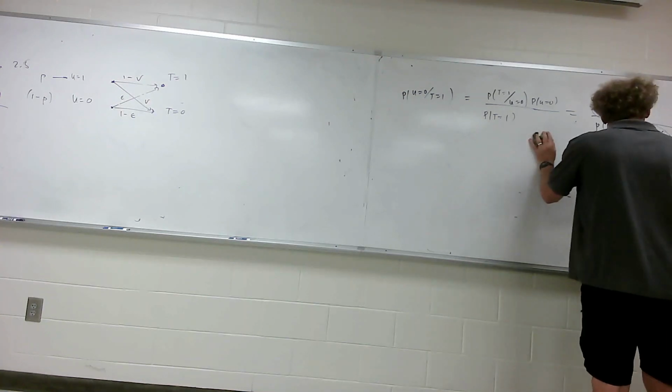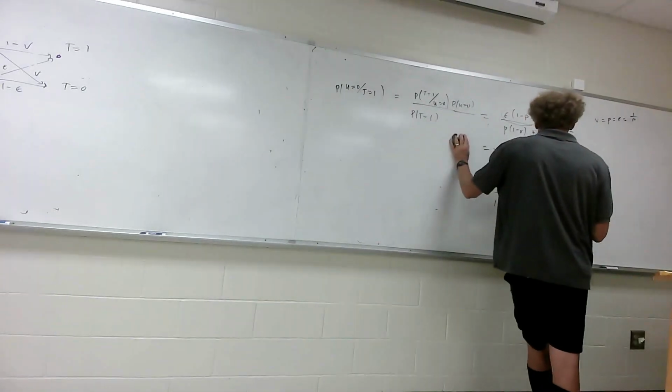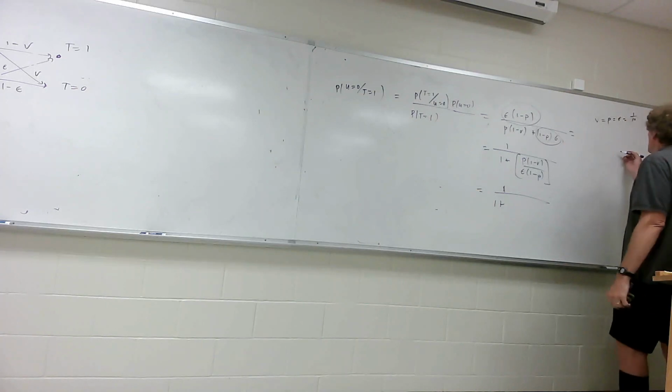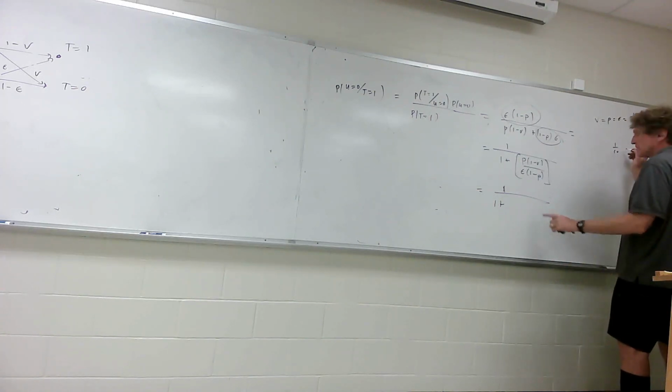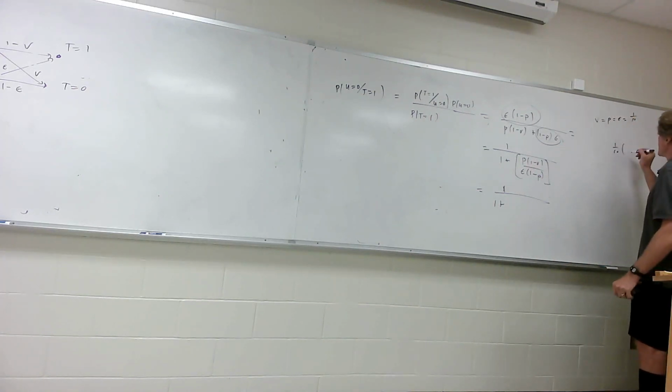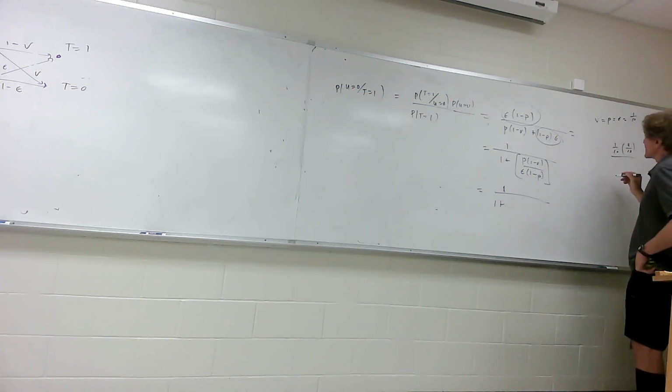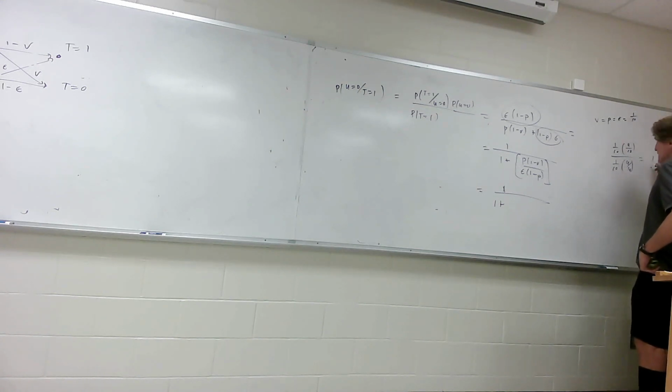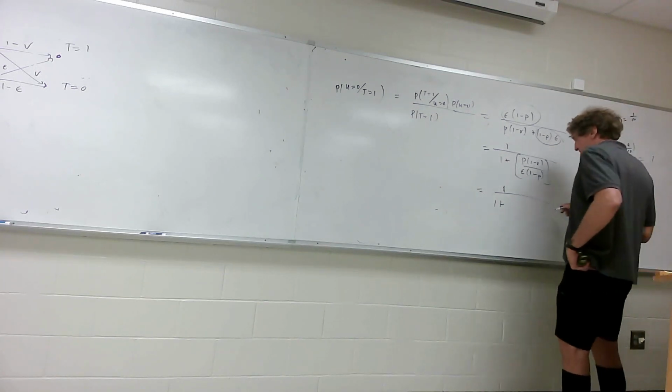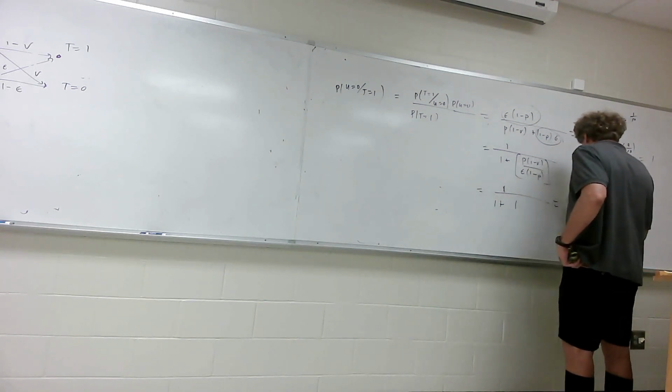So you get plus p, which is 1/10, times 1 minus v, that would be 9/10, over epsilon, which is 1/10, times 1 minus p, which is 9/10. So that's 1, and 1 plus 1 is 2, so 1 over 2 is 1/2.